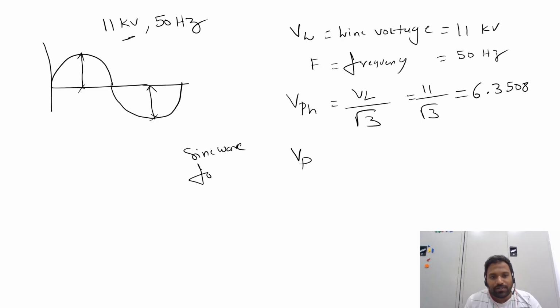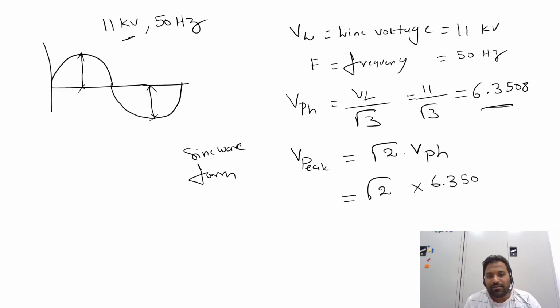V peak is nothing but root 2 times V phase. So root 2 times 6.350, and V peak you will get approximately 8.98 kV. Okay, this is the peak.